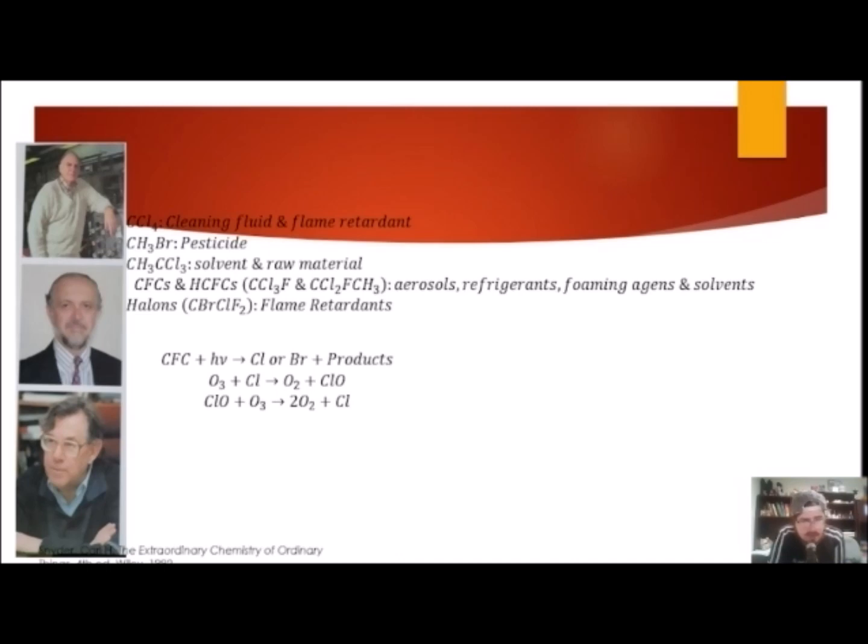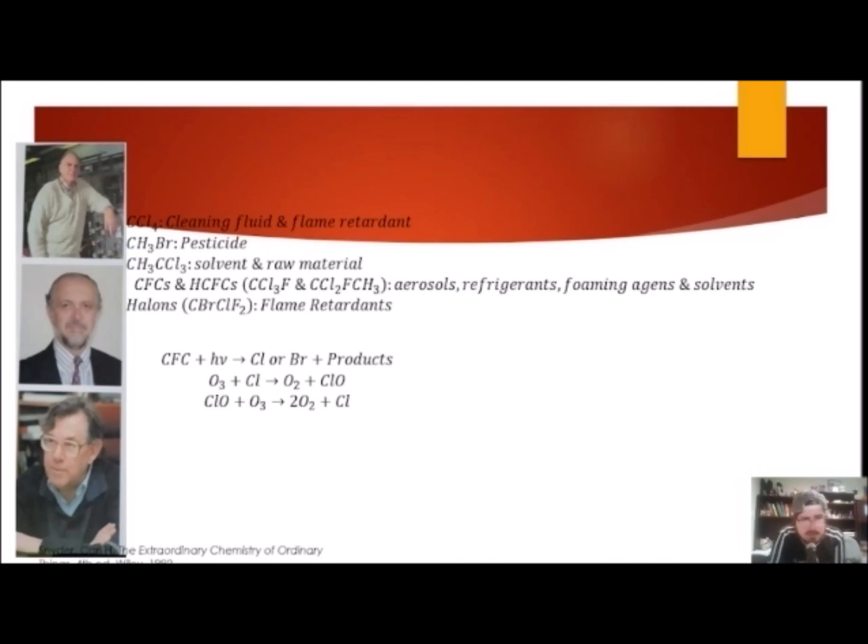And because a catalyst doesn't get consumed and it gets reformed in the final step, it can go on to keep reacting. So ozone bumps into molecular chlorine. We strip off one of the oxygens to form just oxygen and chlorine monoxide.